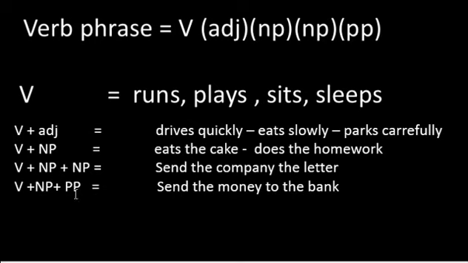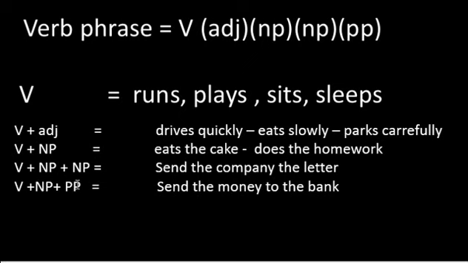Here we have an example. Send the money to the bank. When you say send the money to the bank, send is a verb. The money is a noun phrase. The is a determinate. Money is a noun. And now we have a preposition phrase.